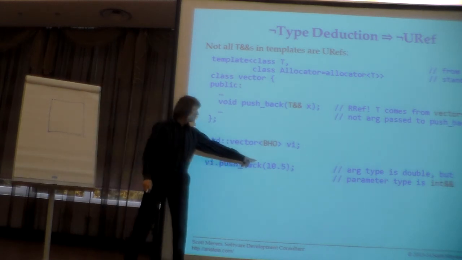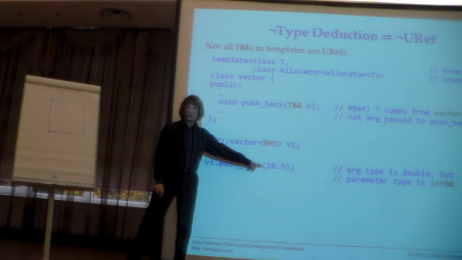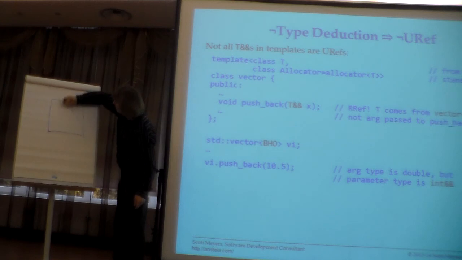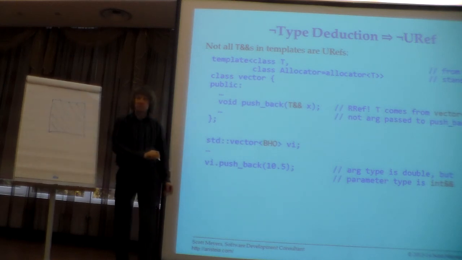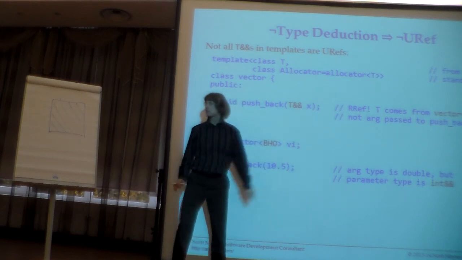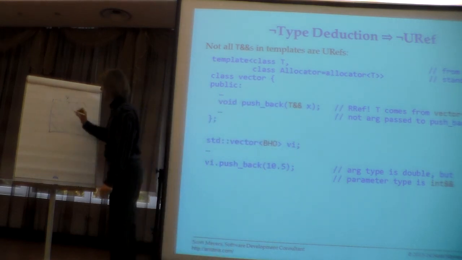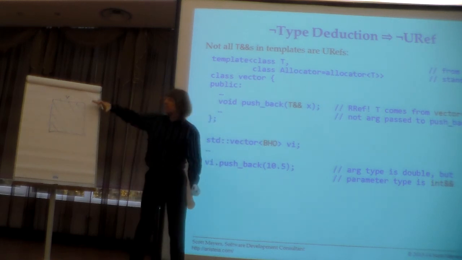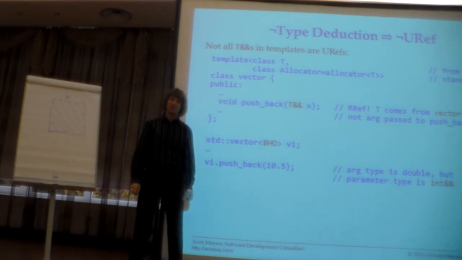It will be initialized from the constructor with 10.5. X will now refer to it, so it actually has a name, x. At the end of push_back, this big honkin' object will be destroyed. Does that answer your question?